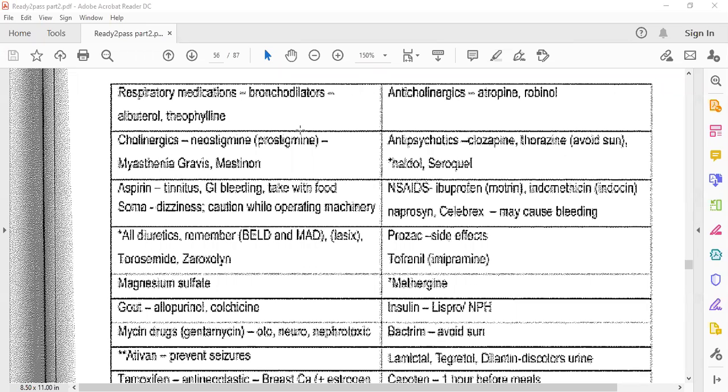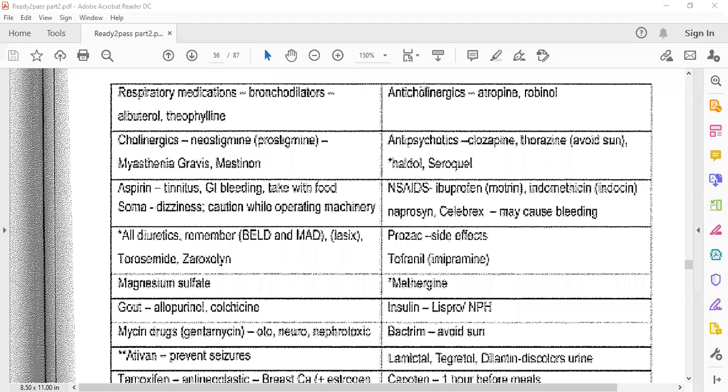So here is the list of the diseases and the list of medications that are essential for the patient. If the patient has a respiratory problem like asthma or COPD, the pathology of the disease, COPD or asthma, bronchitis, all cause bronchoconstriction.